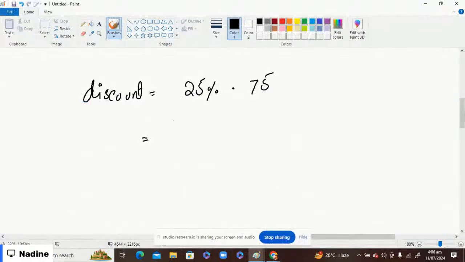How to find the percent? We find it by dividing by 100. So it's 20 over 100 times 75.